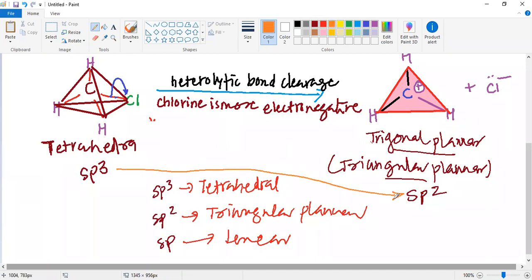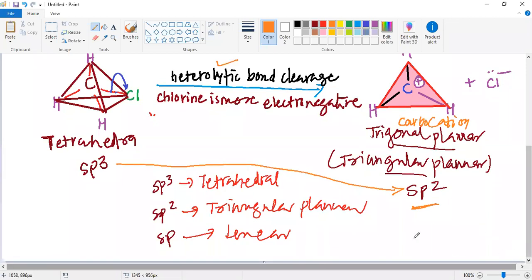Please remember that when there is heterolytic bond cleavage in carbon compounds, we get a carbocation, and this carbocation has sp2 hybridization. This is how we can understand the change in hybridization.